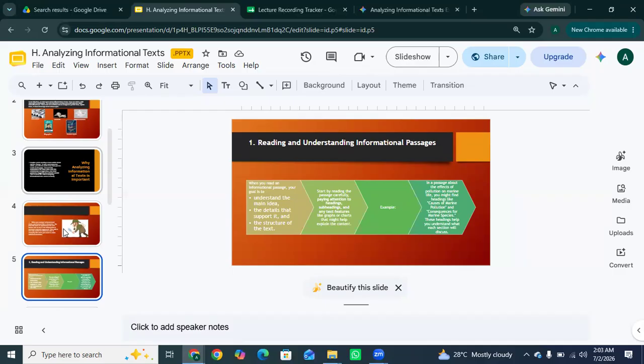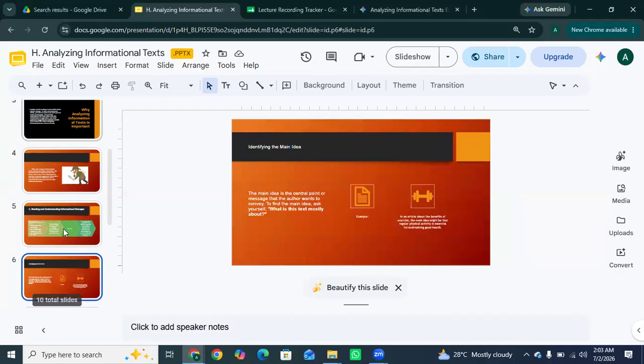So basically we're saying that you look at the titles, sections, headings, paragraphs, graphs or charts to get a quick idea of what you are about to read. For example, a heading like causes of pollution tells you exactly what that section is about. Next, identifying the main idea.